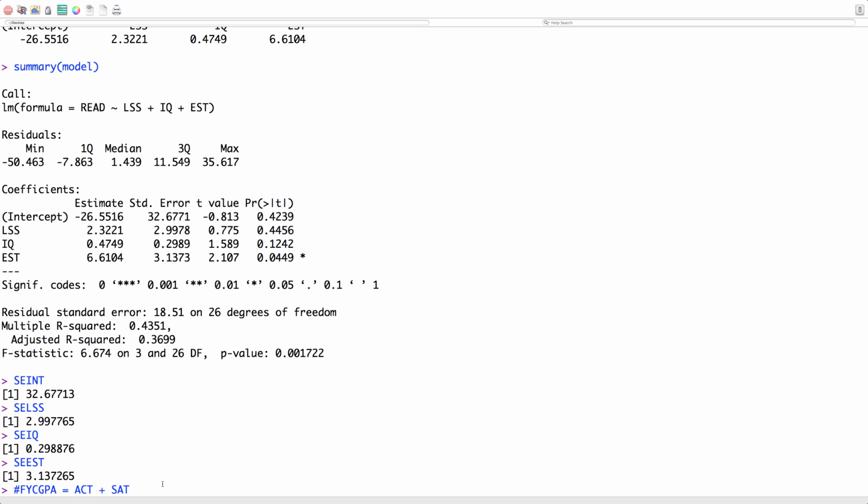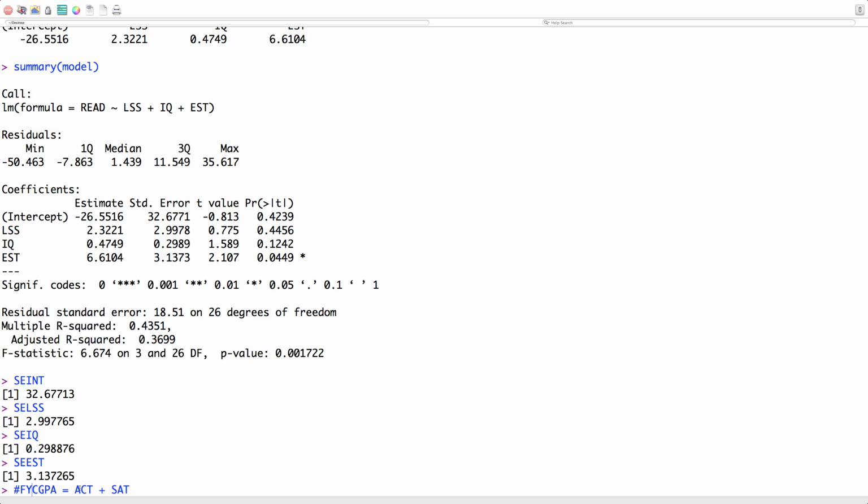It's kind of hard to explain without numbers. SAT would be the same thing. We would say controlling for ACT, the predicted first-year college GPA will either increase or decrease by the amount of the beta coefficient for SAT.